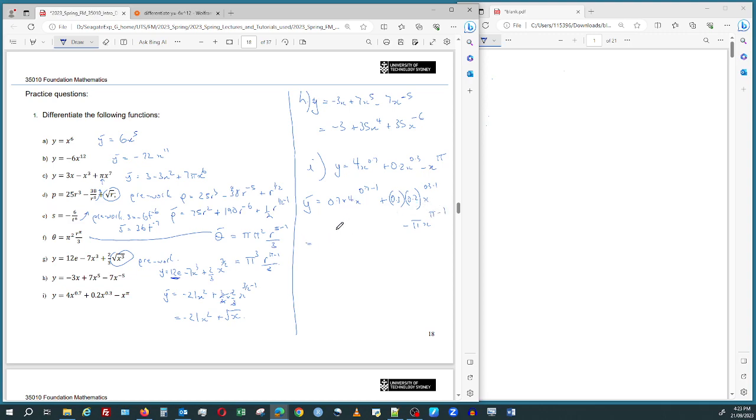So we get 7 fours are 28, 2.8x, 0.7 minus 1 is negative 0.3. 0.3 times 0.2 is 0.6.